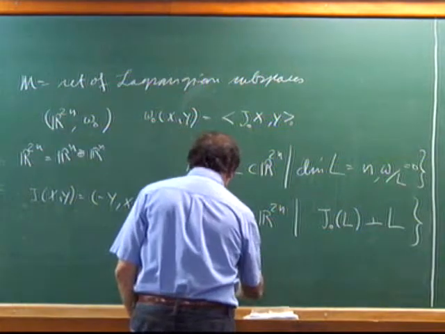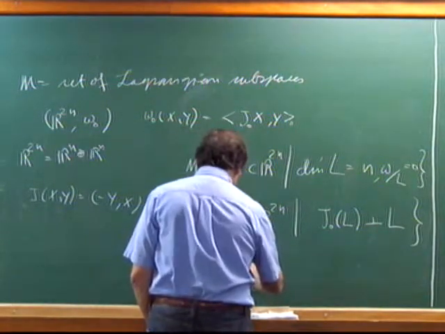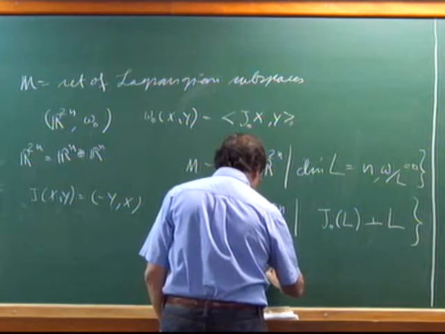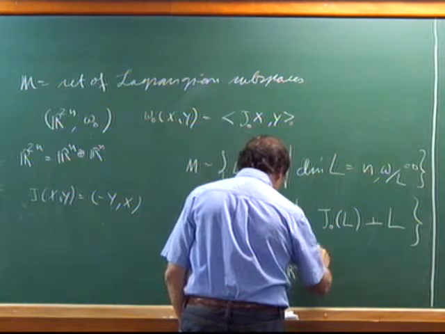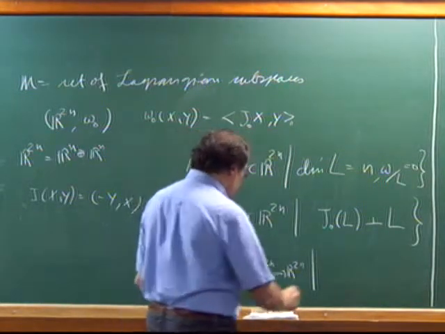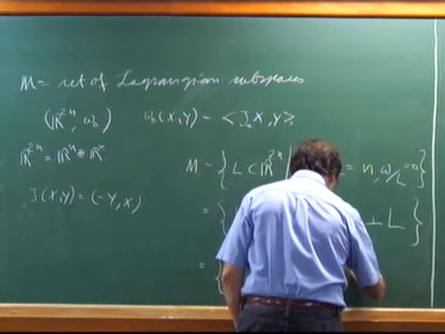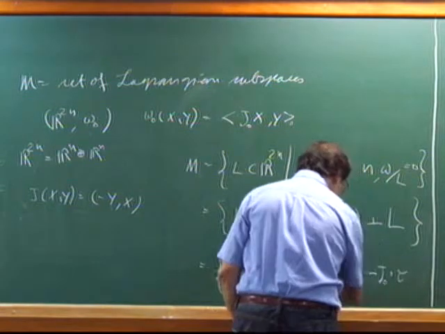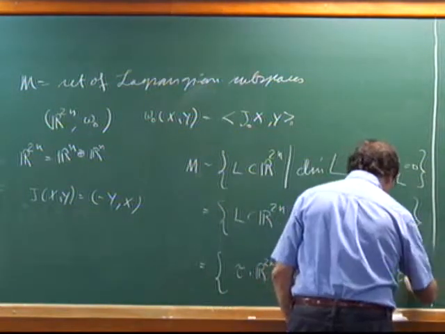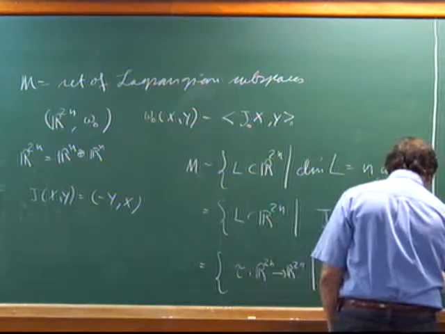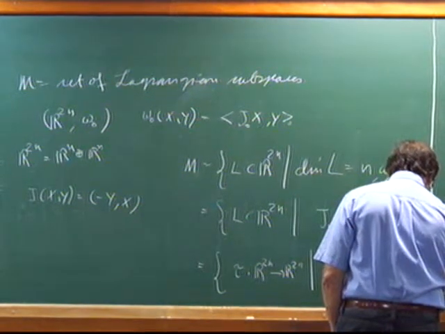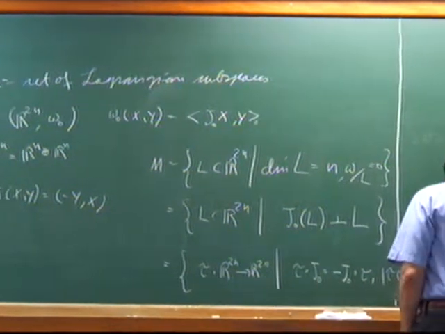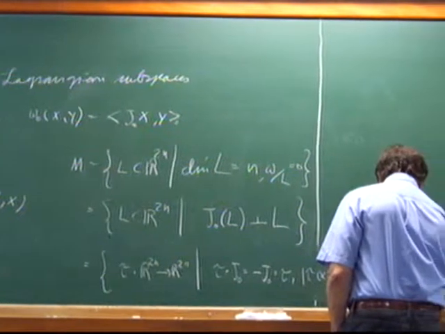So this is also equal to the set of maps tau from R^2n to R^2n with the property that tau composed with J naught equals minus J naught composed with tau, and tau is an isometry, and tau squared is the identity.